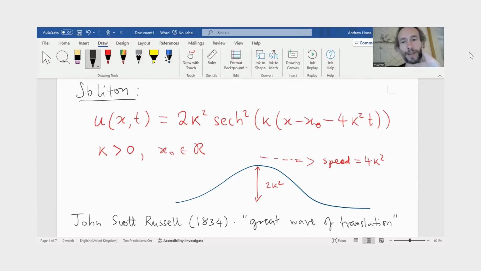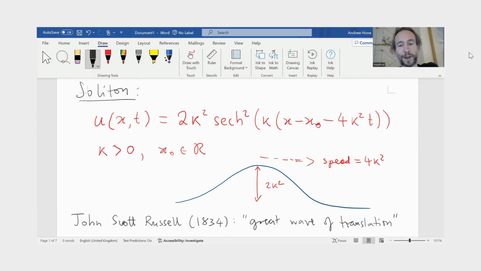But he managed to recreate these waves. He built a water tank at home and managed to reproduce these waves and wrote about them. But unfortunately, nobody really paid much attention at the time because they didn't really have a theory that could explain these waves. That didn't come until the end of the 19th century.